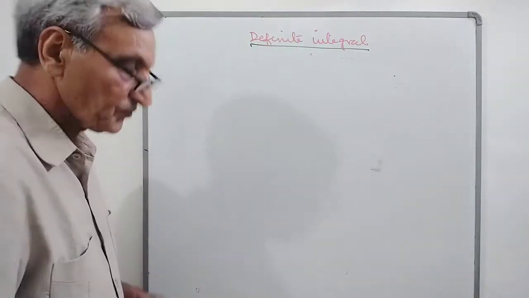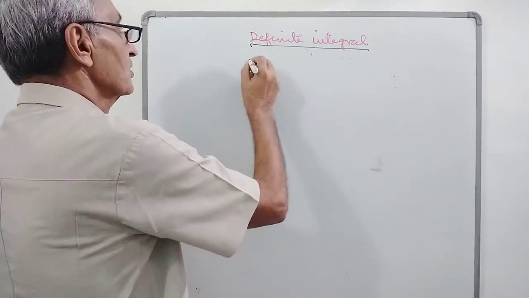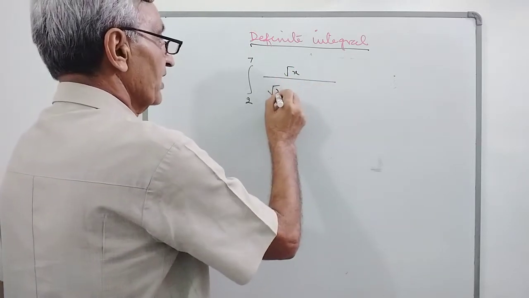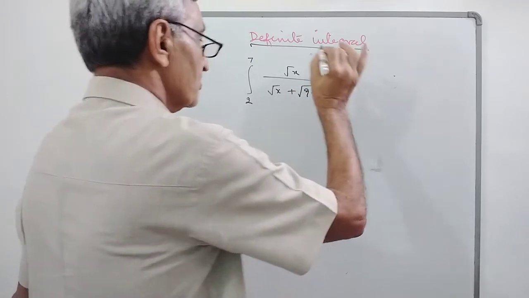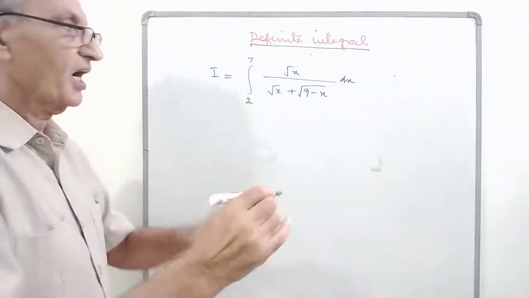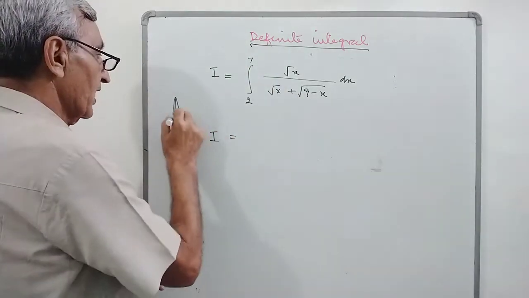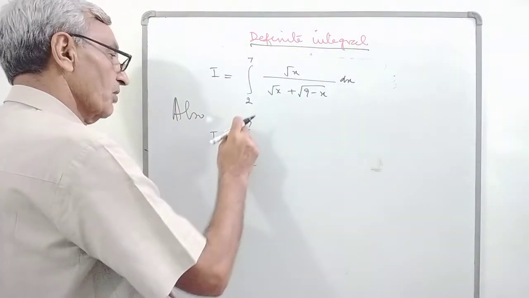Okay. The question is, suppose here integral from 2 to 7 of the under root of x divided by the under root of x plus the under root of 9 minus x, into dx. Find its value. Let this be equal to I. I use the same property. I is what? From 2 to 7, the sum of them is 9.